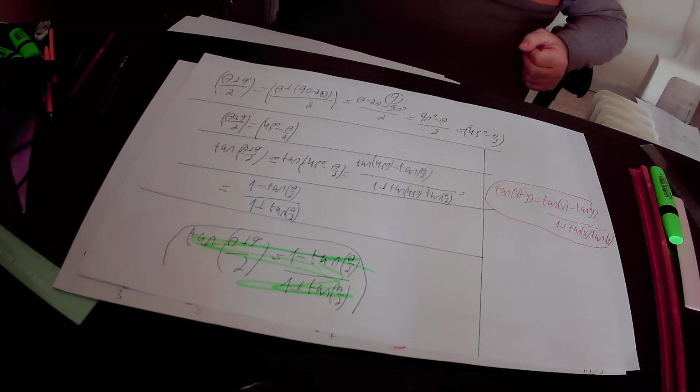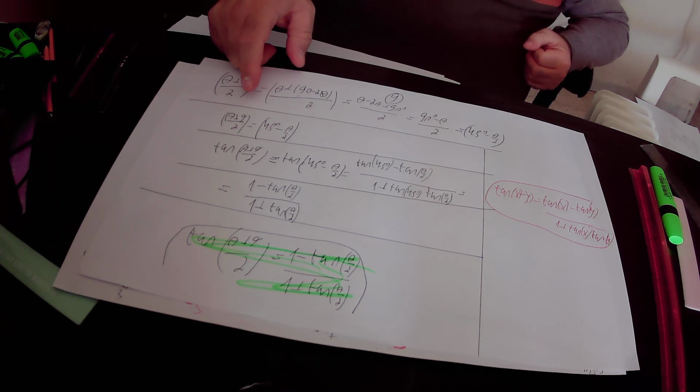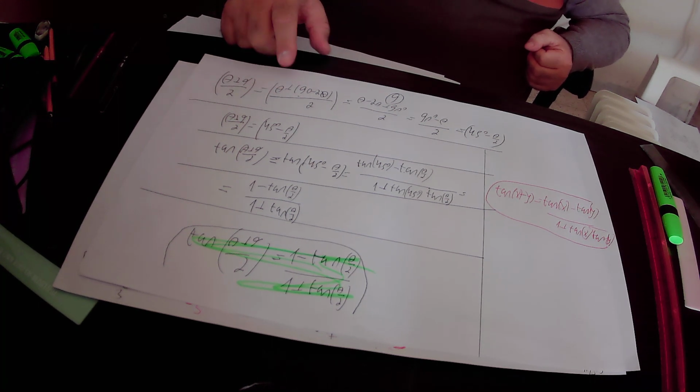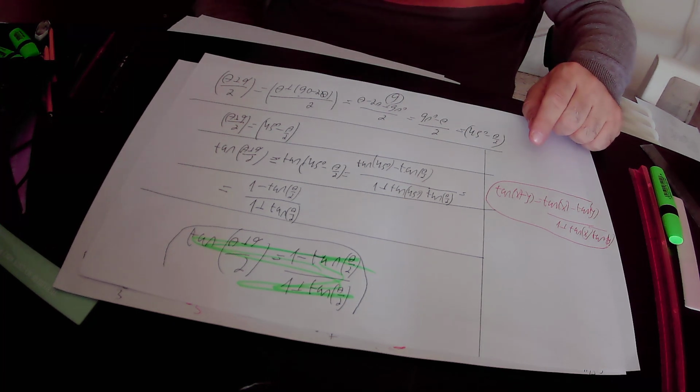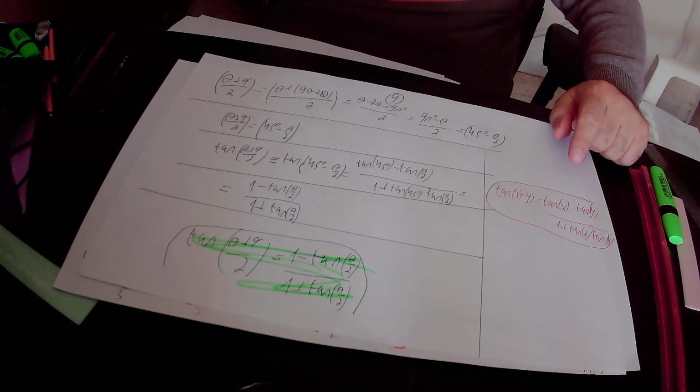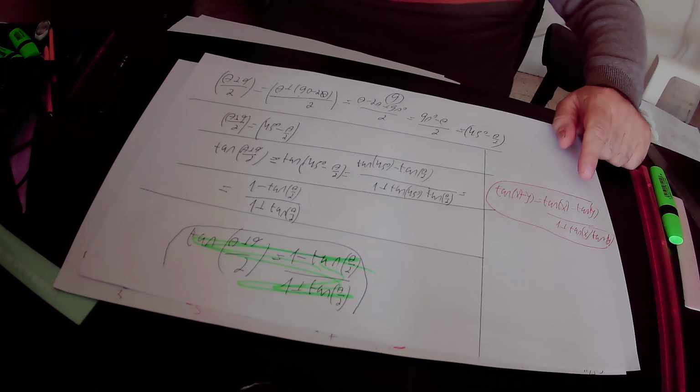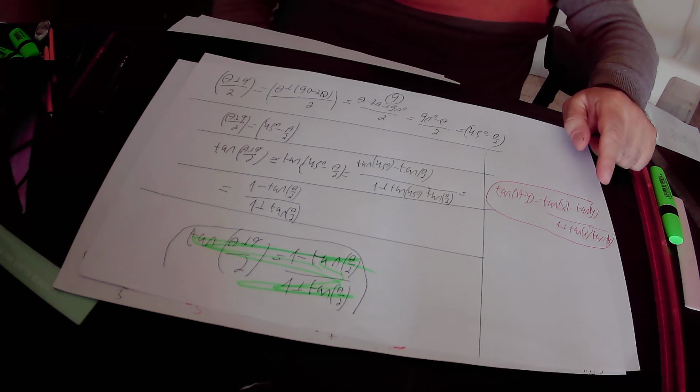And we know that if alpha equals beta, then tangent alpha equals tangent beta. Therefore, tangent of (theta plus alpha) over 2 will be equal to tangent of (45 degrees minus theta over 2). And we have the trigonometric identity that tangent of (x minus y) equals (tangent x minus tangent y) over (1 plus tangent x times tangent y).